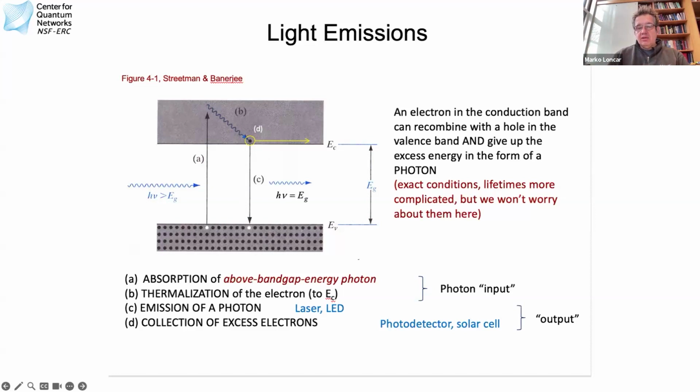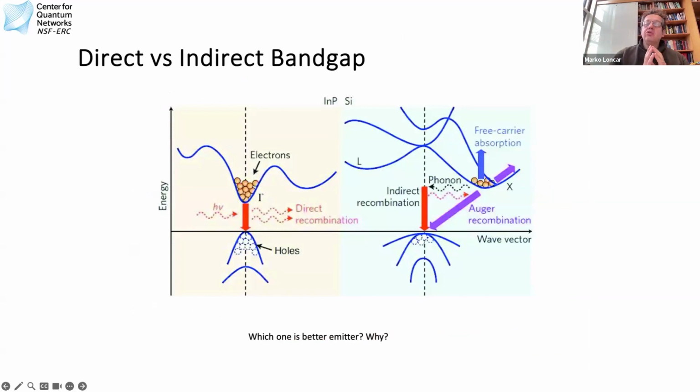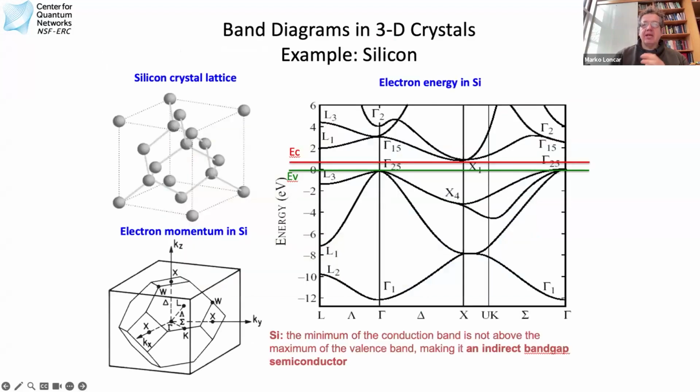Okay, this process of light emission, you need to consider what kind of material you're using to generate light, because we have semiconductor crystals. Maybe I'll show this band diagram in the case of silicon.